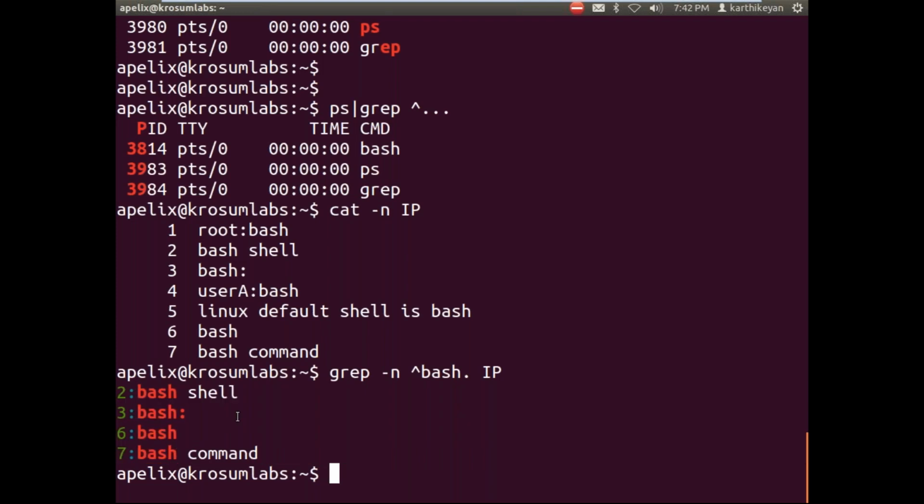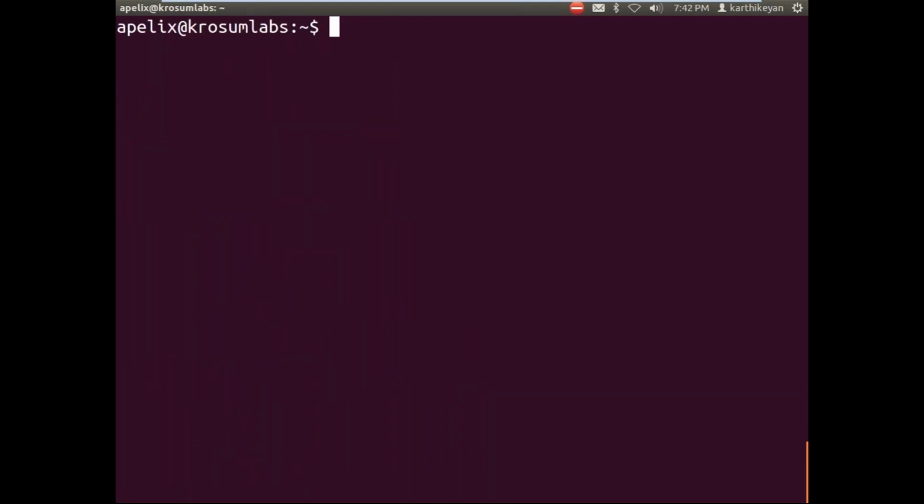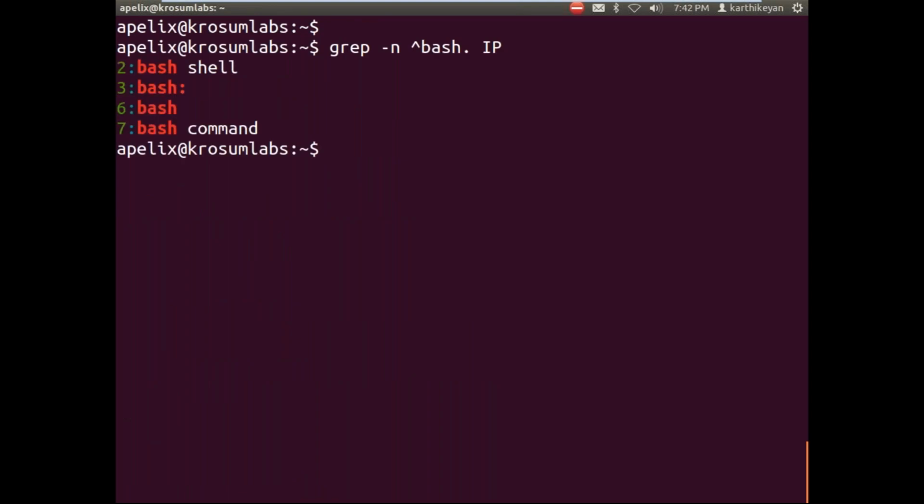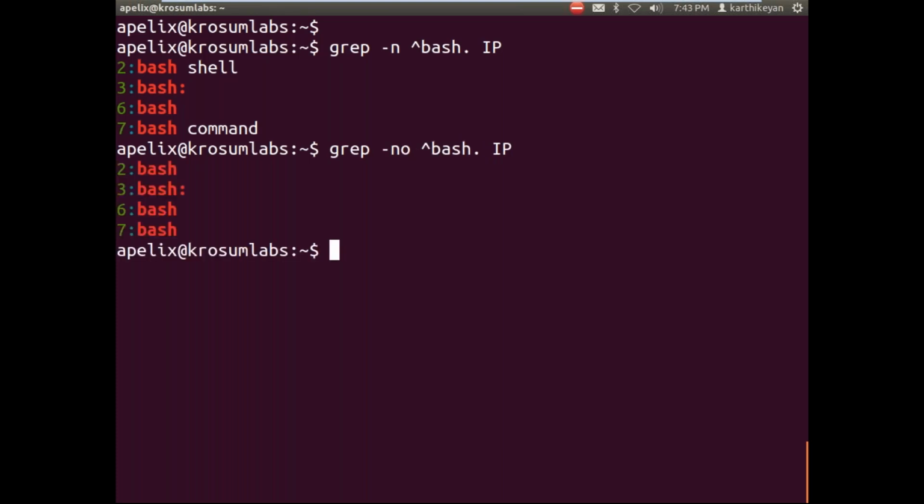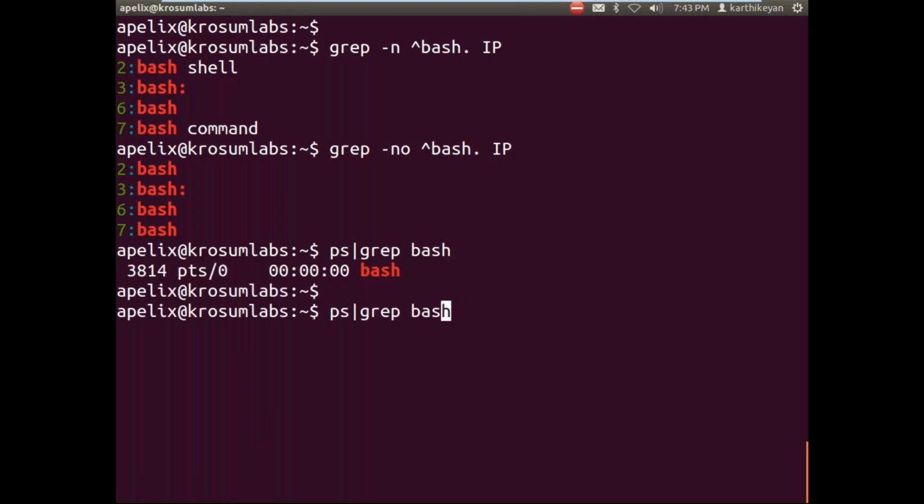And if you want to print the matched pattern data in the grep command, use the -o option. Like a normal grep command, you want to search bash and print the matched pattern only, use -o. You'll get the matched pattern data. -o is the option to output the matched pattern.